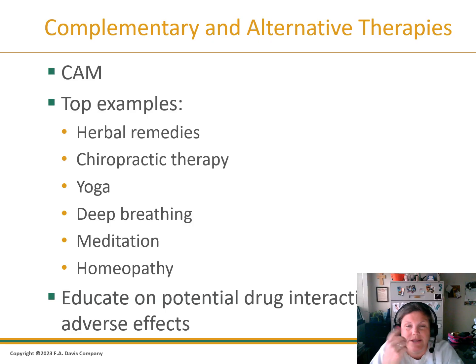And those can be a range of things like herbal remedies, yoga and meditation, homeopathy, or even chiropractic therapy. Those all fall under this, like acupuncture, essential oils, all that kind of stuff.